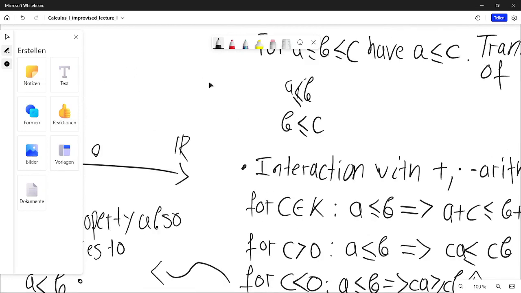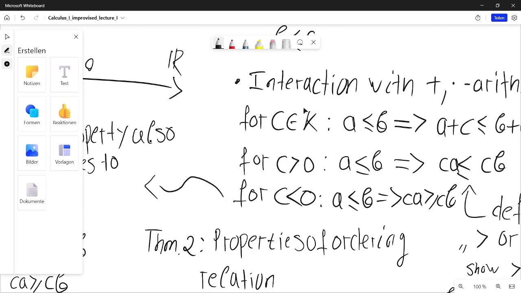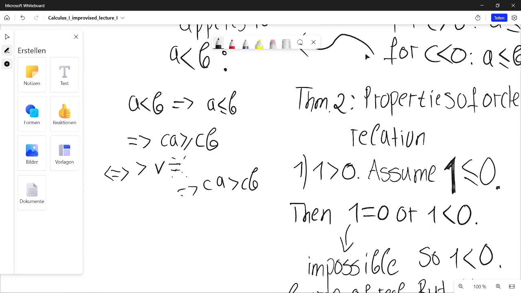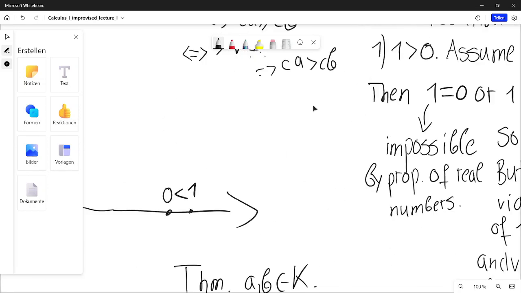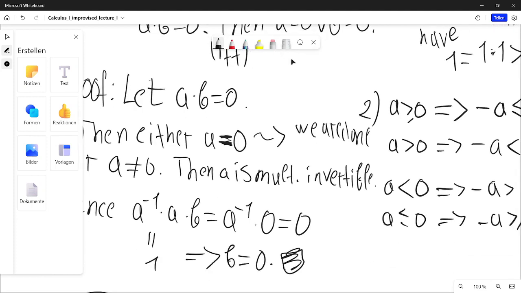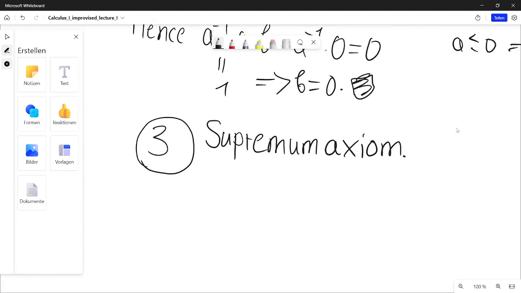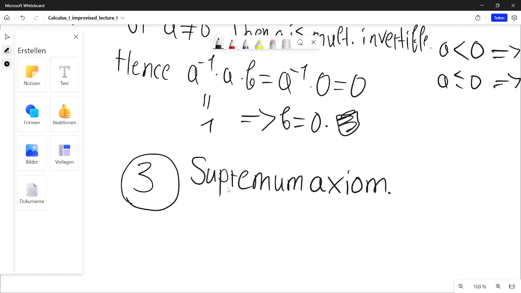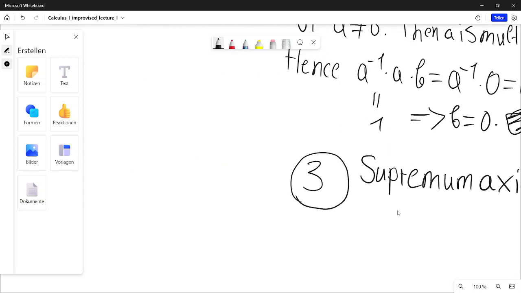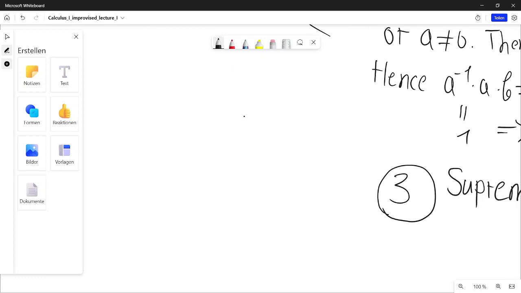And that's striking, right? That's very impressive. But okay, we are not yet here. Supremum axiom. The supremum axiom is the thing that ensures that we have no holes on the real line.